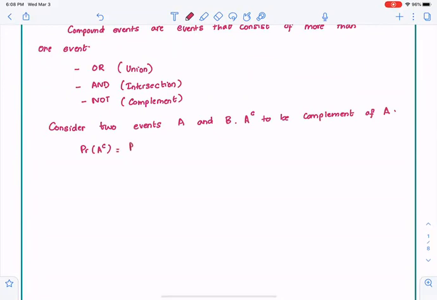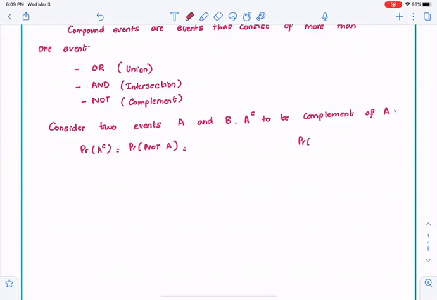That simply means, going back to the logical statement, not A. Anything that is not A. So in the entire sample space, we're going to pick everything that is not A.